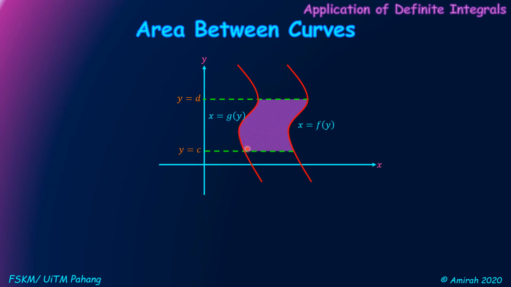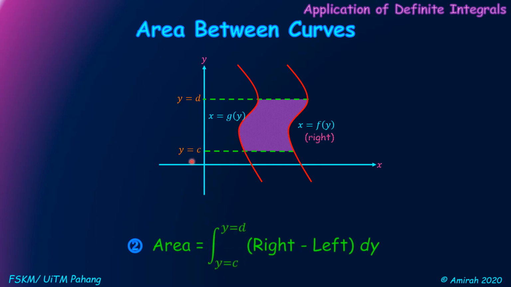Alright, now we look at this diagram. Area for the shaded region equals integration from y equals c to y equals d, and then right minus left, right? And when we use right minus left, we need to integrate with respect to y.